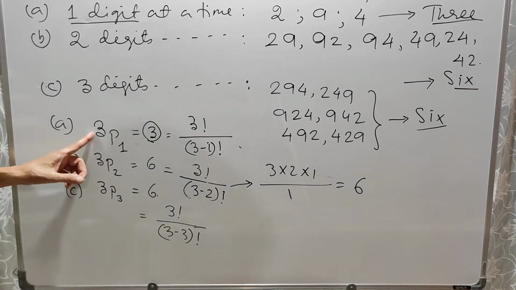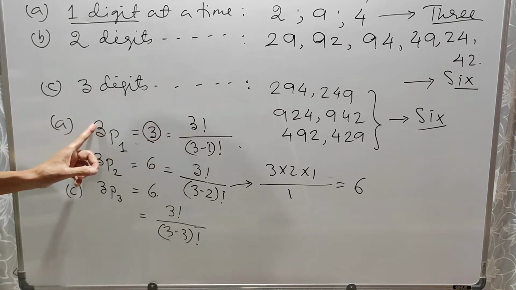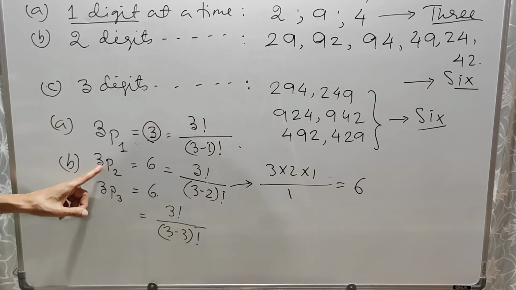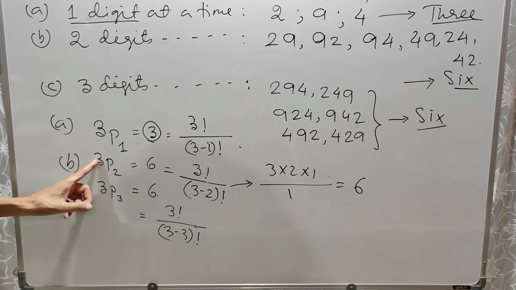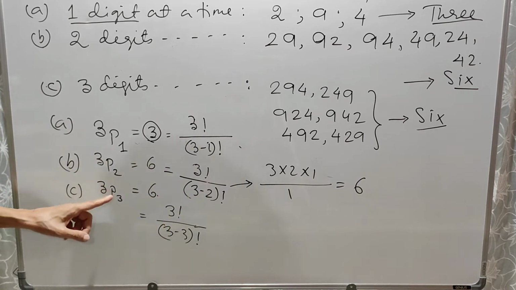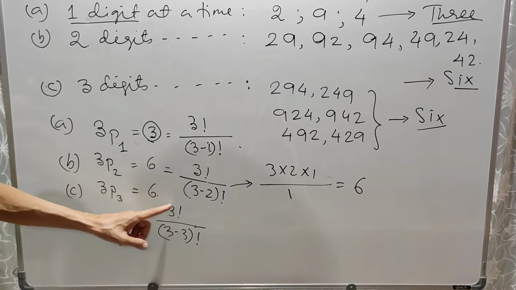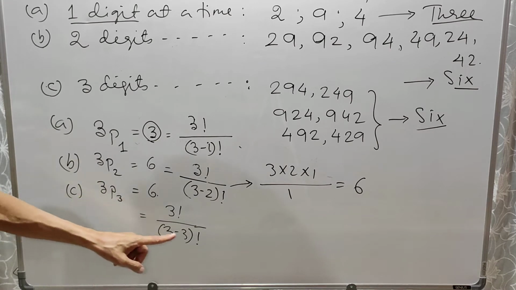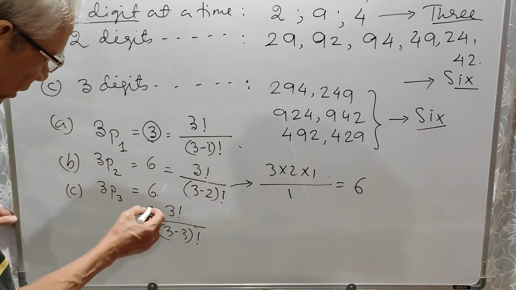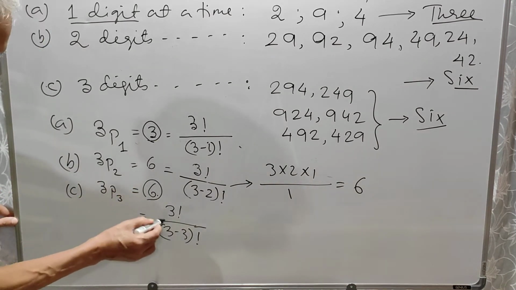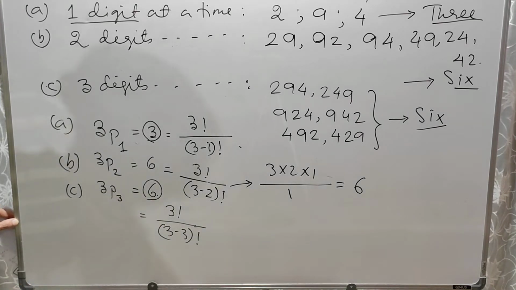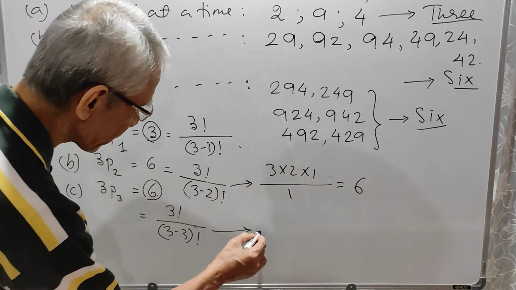So you see, this was written as 3 factorial by 3 minus 1 factorial. This is written as 3 factorial by 3 minus 2 factorial. Similarly, this will be written as 3 factorial divided by 3 minus 3 factorial. Now, in place of 6, you calculate this, you will get 6. So let me show you how.